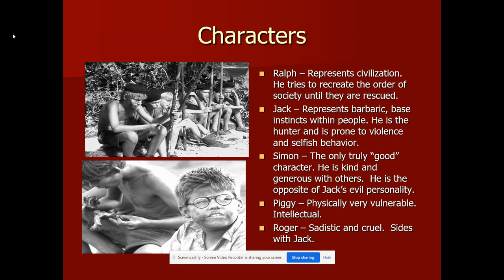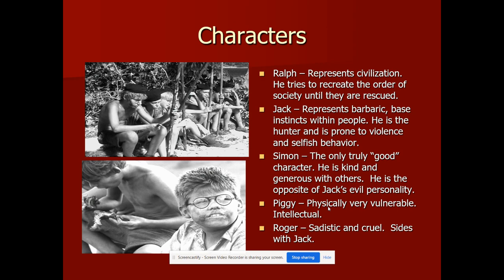Simon is the only truly good character. He is kind and generous with others. He's the opposite of Jack's evil personality. He is also what we would call more of a spiritual kind of character.